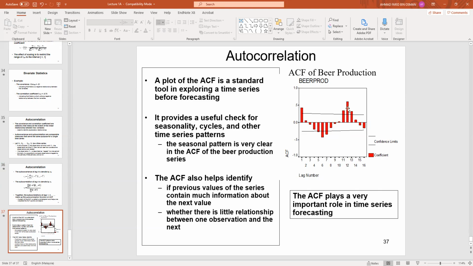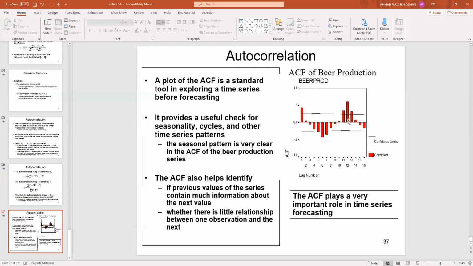That means the relationship between months of the current year and the same month last year. If you are looking at January this year, Yt and Yt minus 12 means the relationship between January this year and January last year, between February this year and February last year, between March this year and March last year.